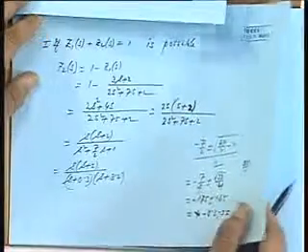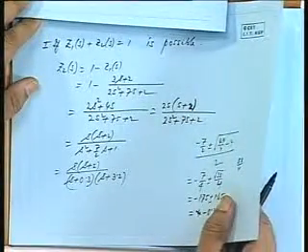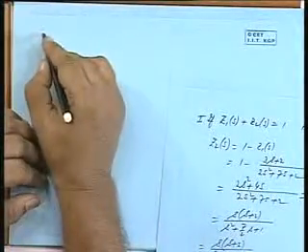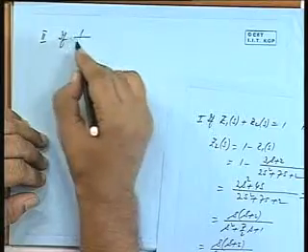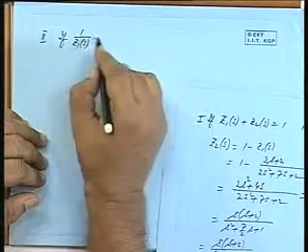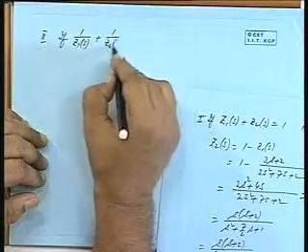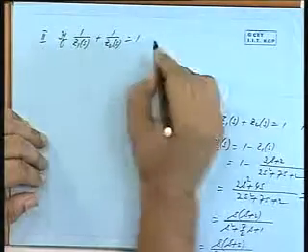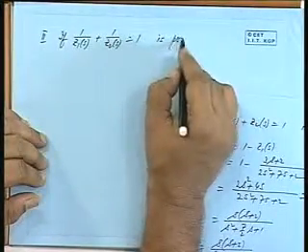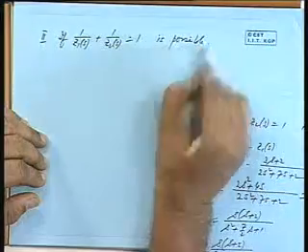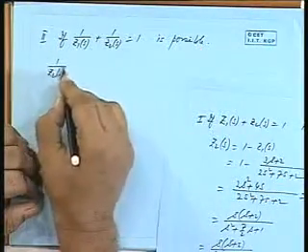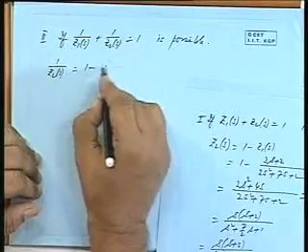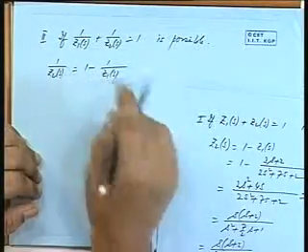Okay, let us see the other possibility. If 1 by Z1s plus 1 by Z2s equal to 1 is possible, then 1 by Z2s will be 1 minus 1 by Z1s.